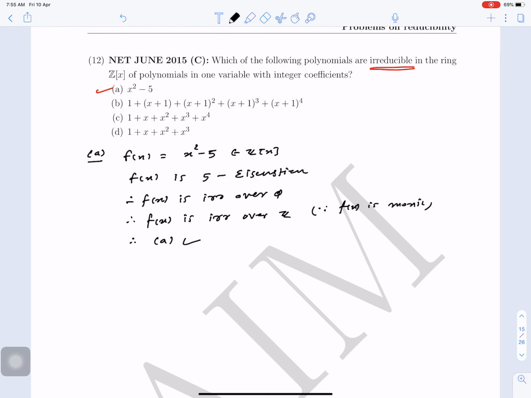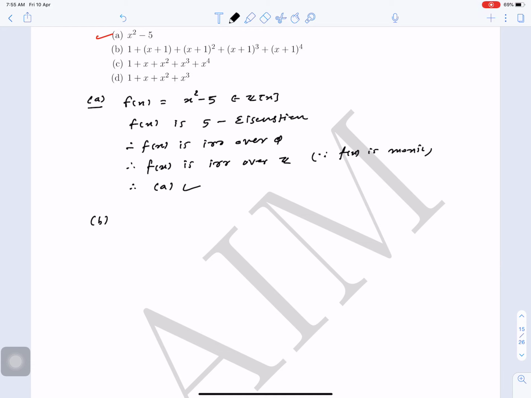Now for option B, say g(x) is equal to 1 plus (x plus 1) plus (x plus 1) square plus (x plus 1) cube plus (x plus 1) raised to 4. So it is over Z[x].